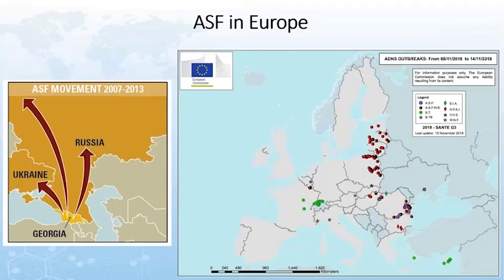So this shows the brief history of movement of ASF. For many decades, it was only found in Africa, and then it moved out of Africa into Georgia, and then into Russia, Ukraine, and Eastern Europe. And now we see, and this is from the week of November 8th through the 14th, the red and blue circles in the west, or the east of Western Europe, those are all infected wild boar during that week, and cases in Belgium also.